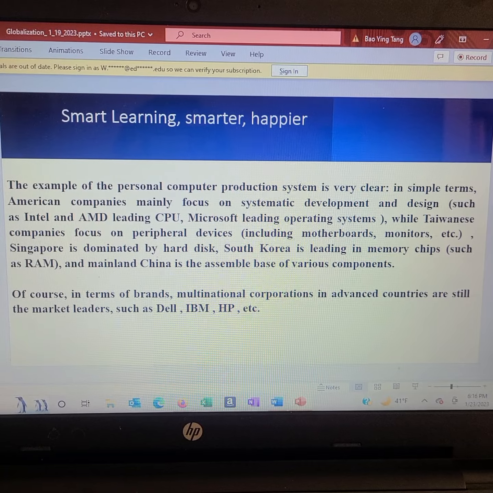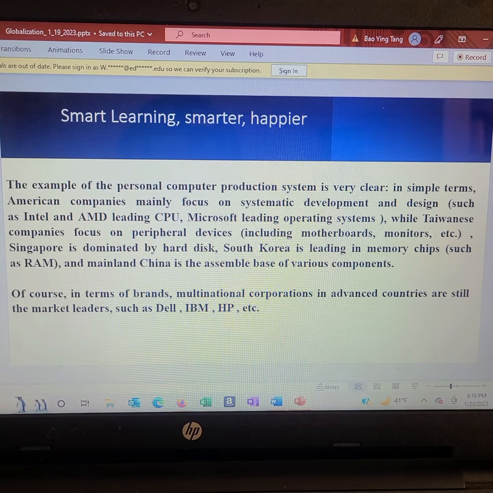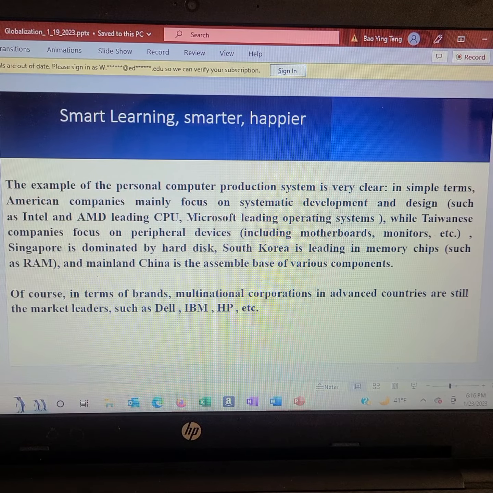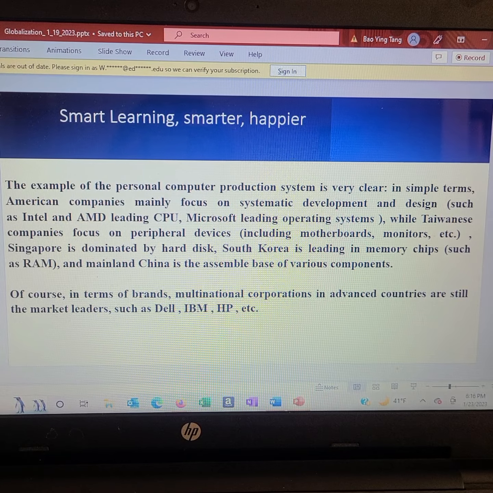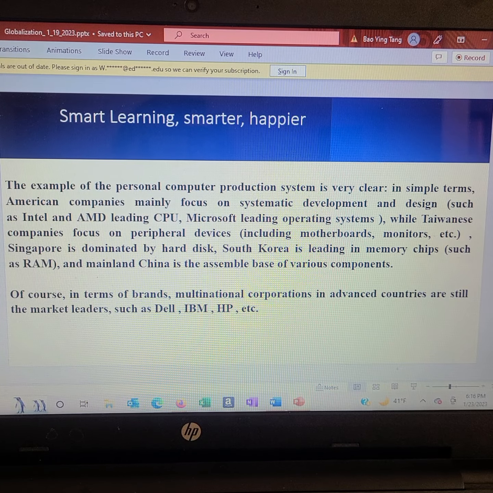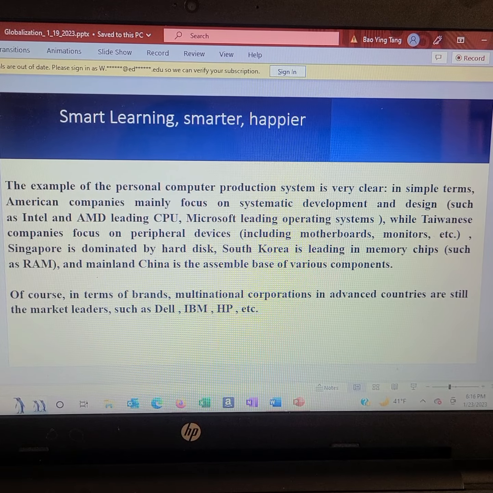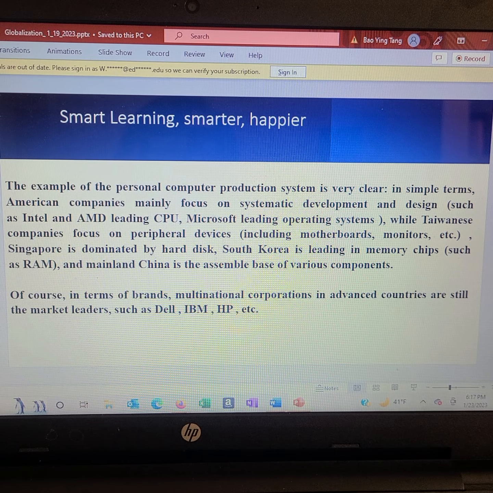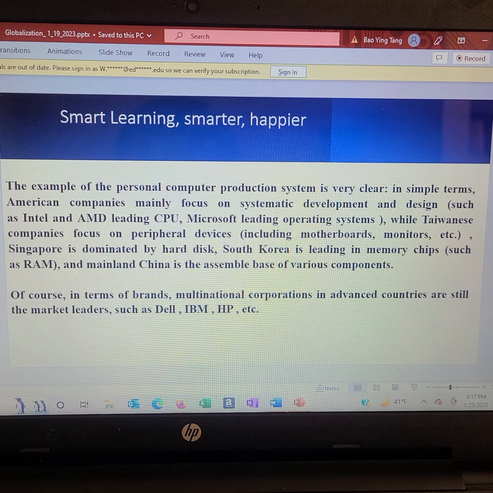The example of the personal computer production system is very clear. In simple terms, American companies mainly focus on systematic development and design, such as Intel and AMD leading CPU production, Microsoft leading operating system productions, while Taiwanese companies focus on peripheral devices, including motherboards and monitors, etc. Singapore is dominated by hard disk production.